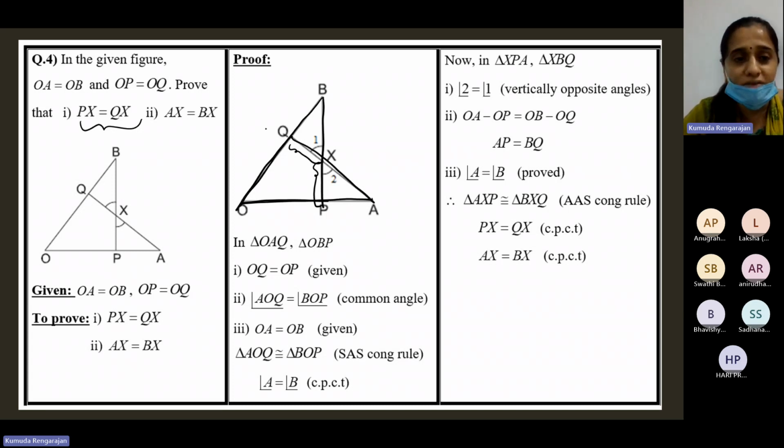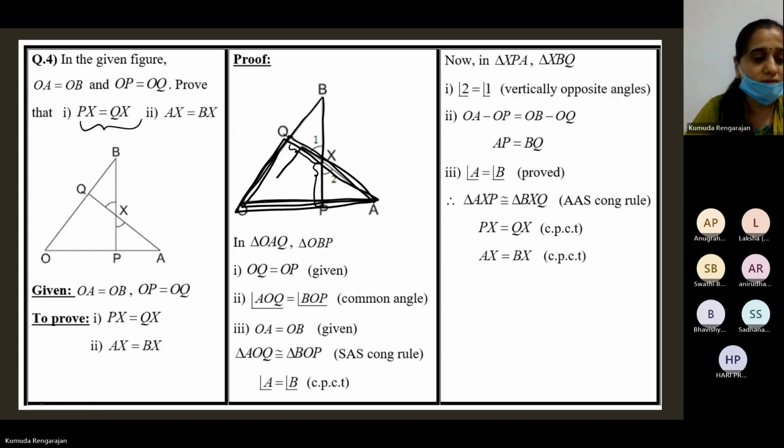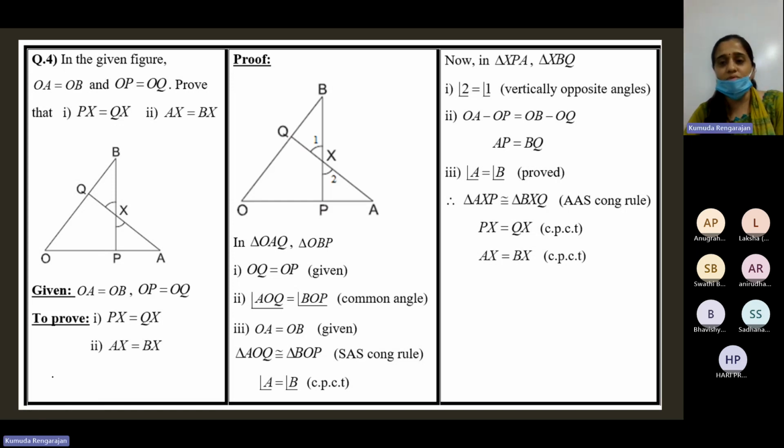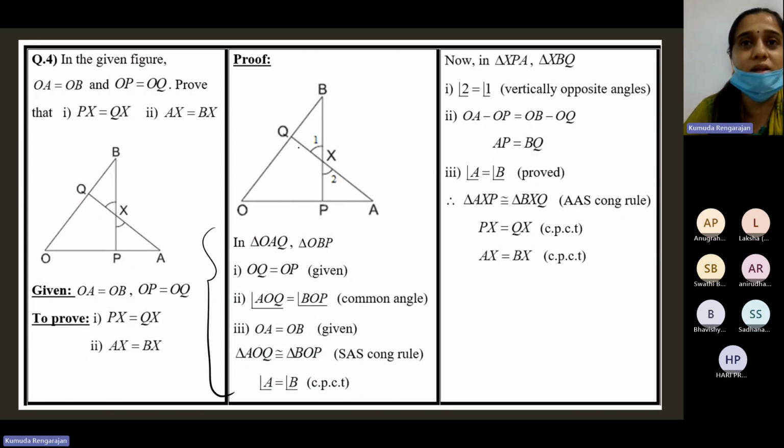OQ is equal to OP, that's given, right? OQ of this triangle, OQ of this triangle. But one minute, we have to prove what? Have we proved that Px is equal to Qx? Now let me not go in this order. I'll tell you why. Let me explain this first.